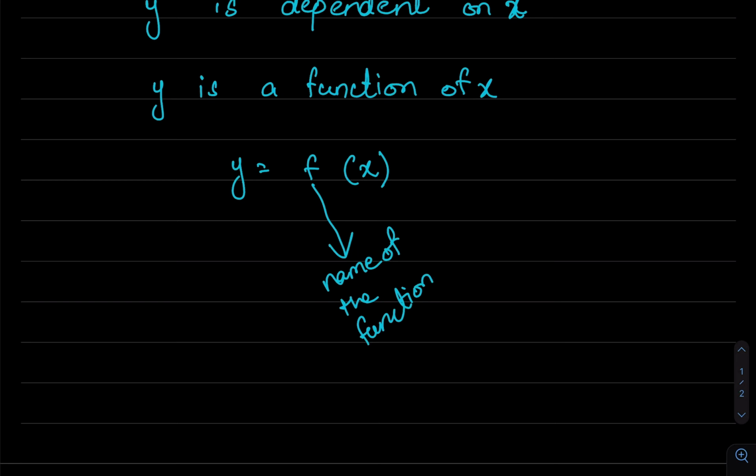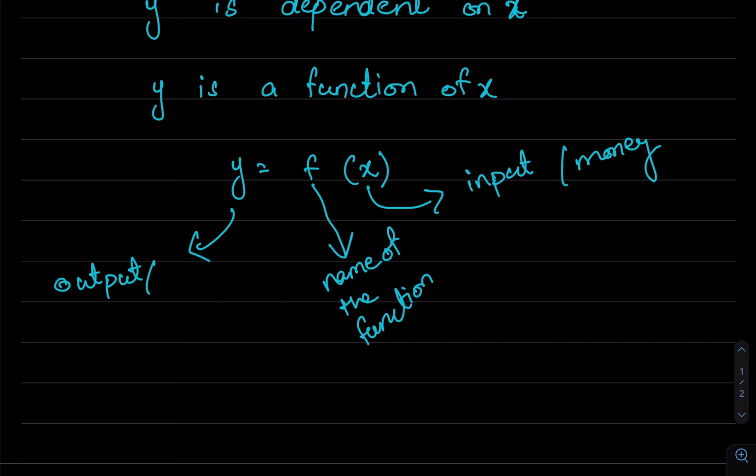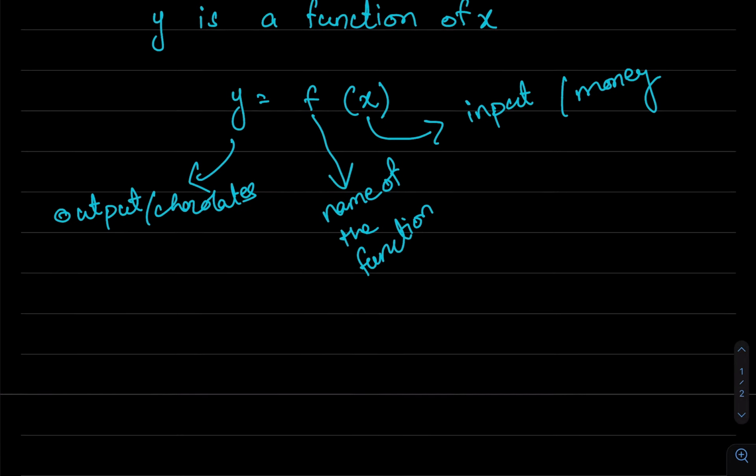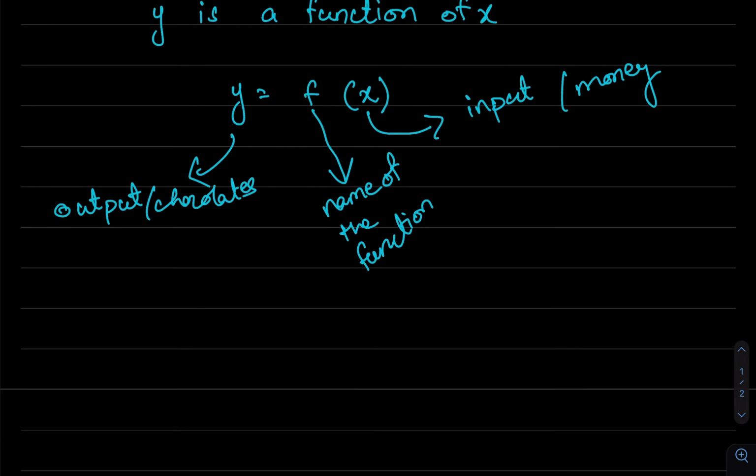I chose an f because the word function starts with an f. You can literally choose any letter you want. This x here is the input, or the money in this example, and this y is our output, or our number of chocolates. Okay, so this is basically how you write functions.